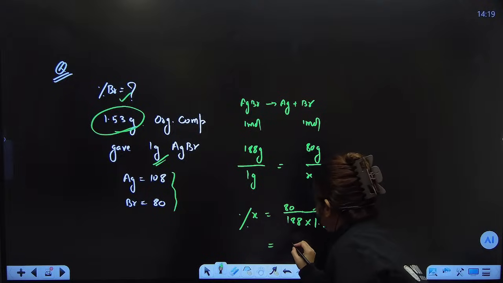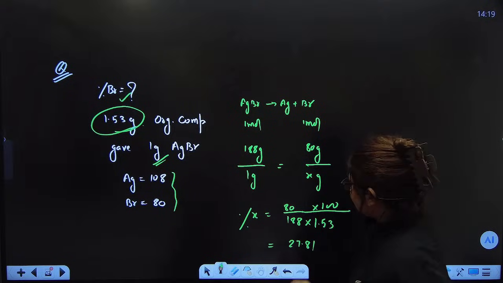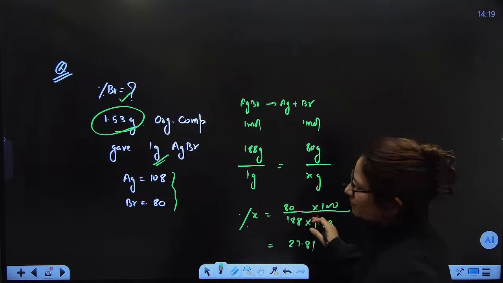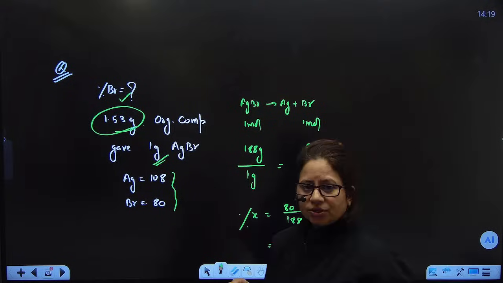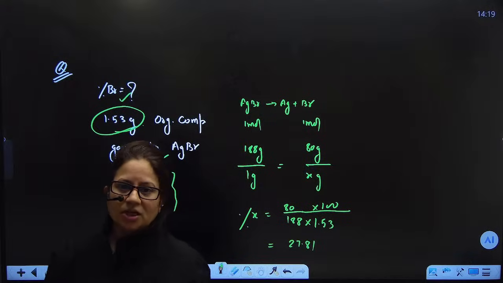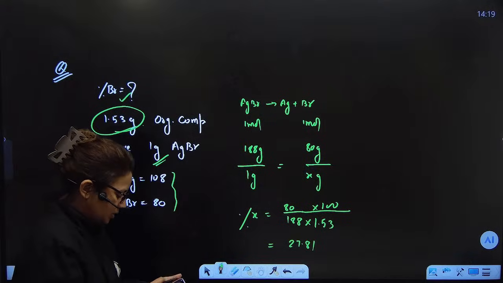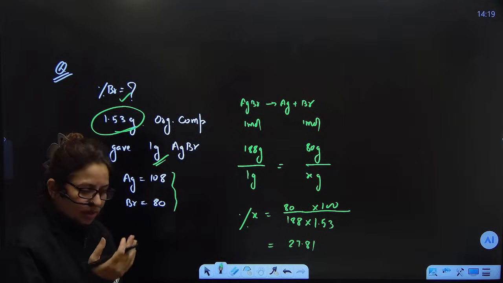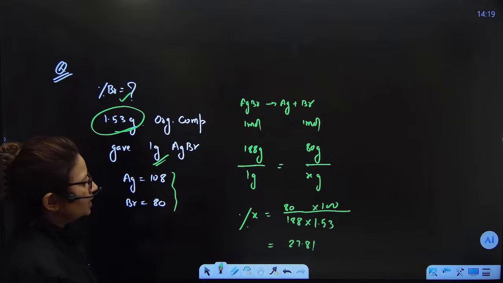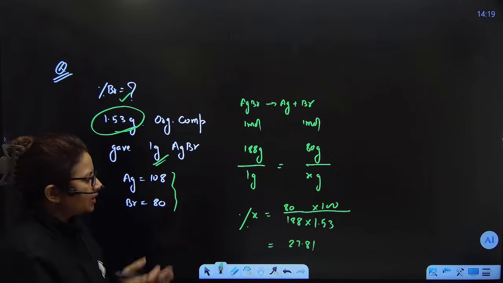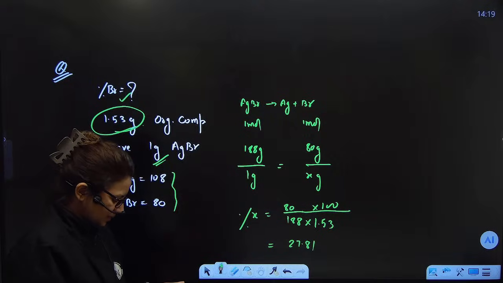On calculation, we are getting 27.81. You have to spend some time on the calculation, otherwise the question is pretty simple and you should not leave such a question in a competitive examination. Yes, if the calculation is very lengthy, then you can avoid it, first attempt the easy questions and then come back to this.